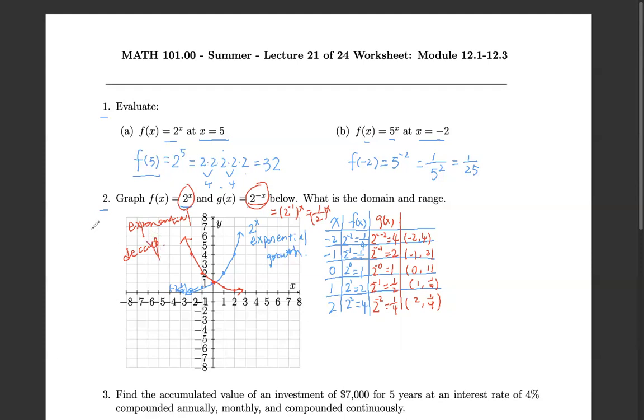Exponential decay, why? For the left application, the exponential growth, we can think about an institution, right? We deposit money into the institution. The institution offers us a compound interest. That's the exponential growth model.